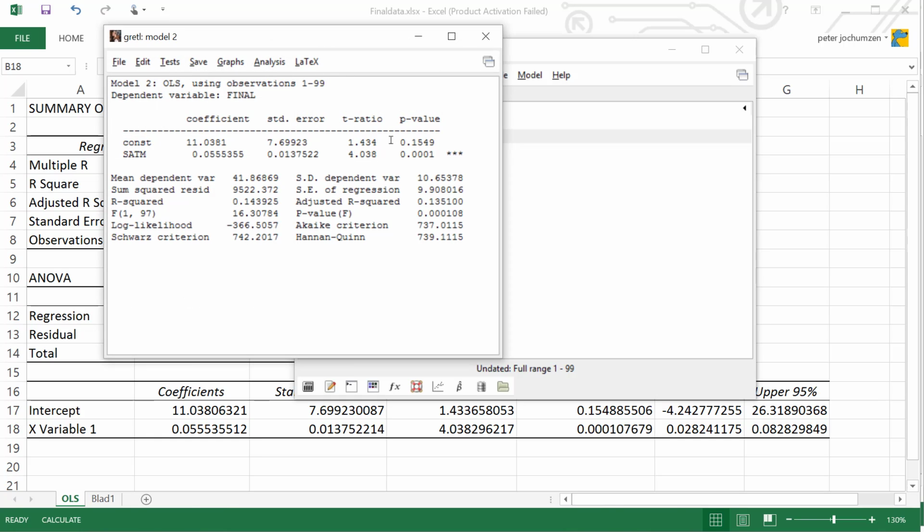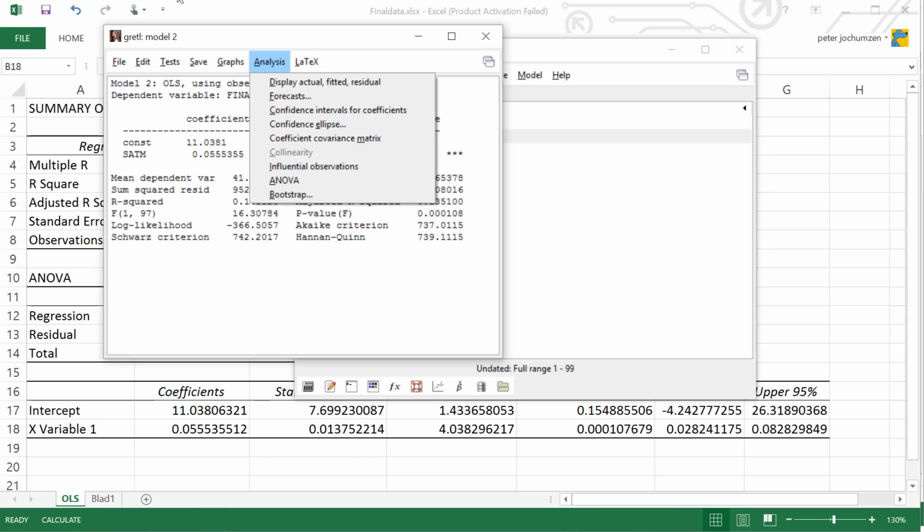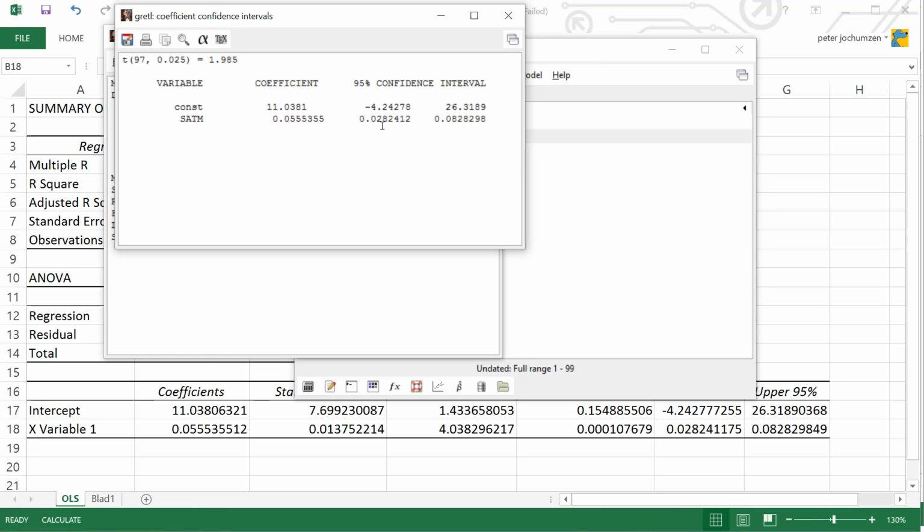Gretl doesn't immediately plot the confidence intervals, but you can get the 95% one from going to the analysis, confidence intervals for coefficients. You get the 95% confidence interval for beta 2, 0.028 to 0.0828 something, just like we got in Excel.